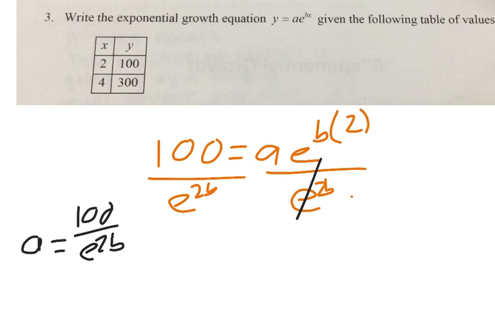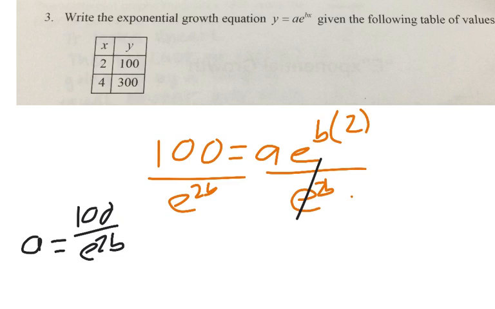When I have 2 unknowns, how can I solve? I need a system of equations, a second equation with a different y-intercept and a different slope, and find where the 2 lines intersect.